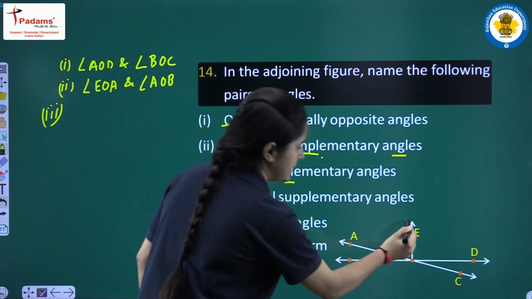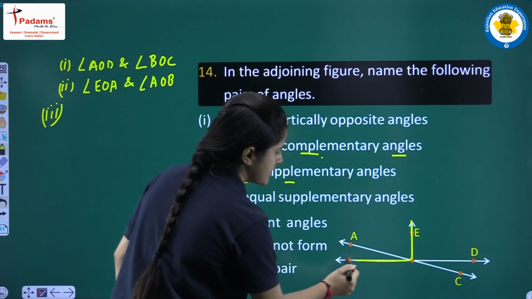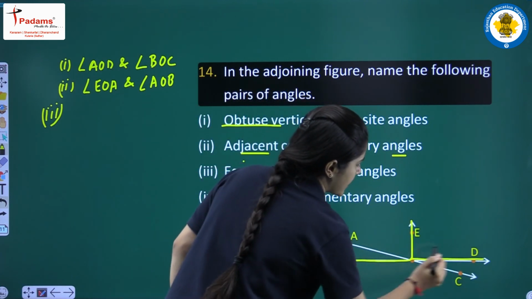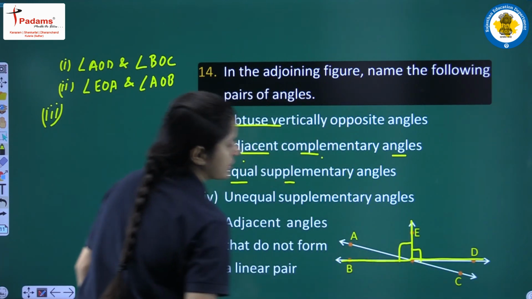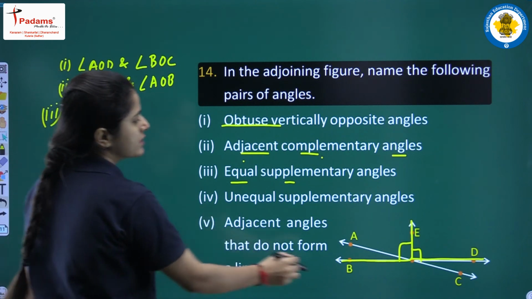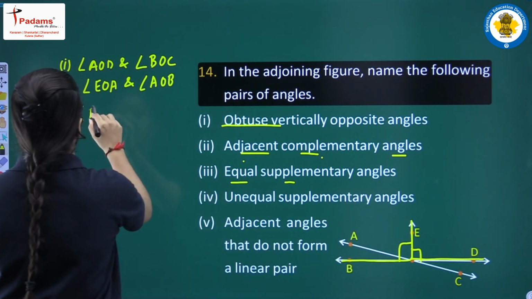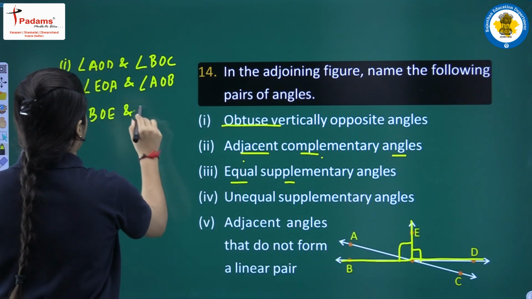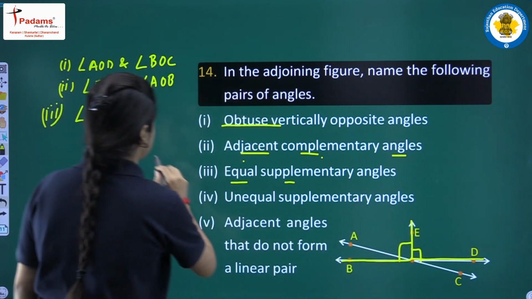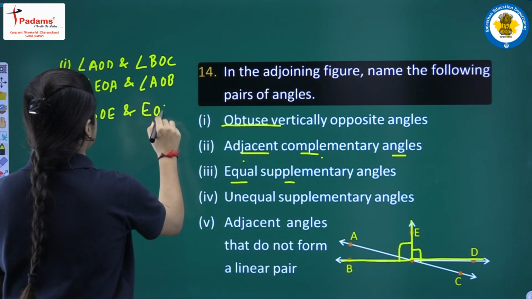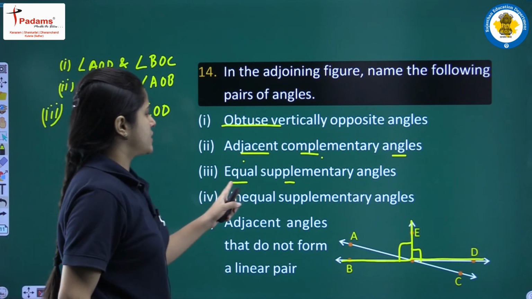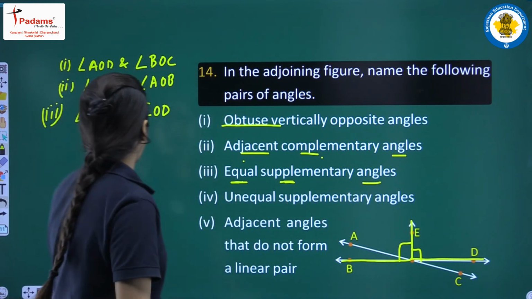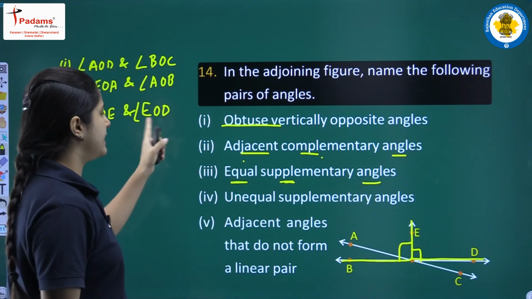Having a look at these two angles, this is 90 degrees and this is also 90 degrees. So the angles are angle BOE and angle EOD.